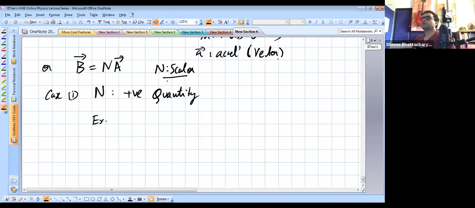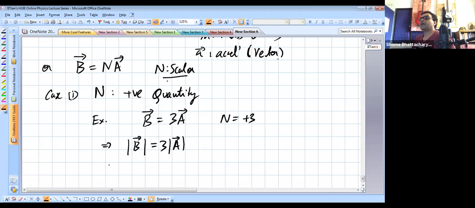So for example, if I say that the vector b is 3 times the vector a, you can see that n is equal to positive 3. What that means is that the magnitude of the vector b will be 3 times the magnitude of the vector a.